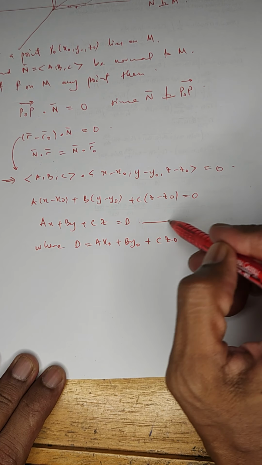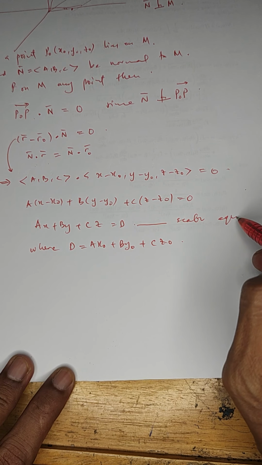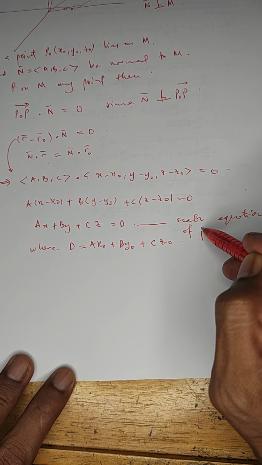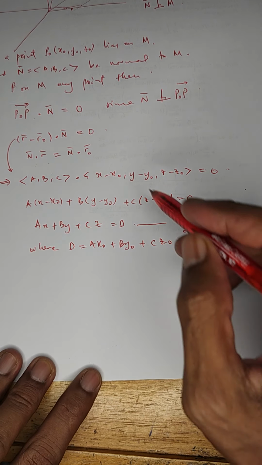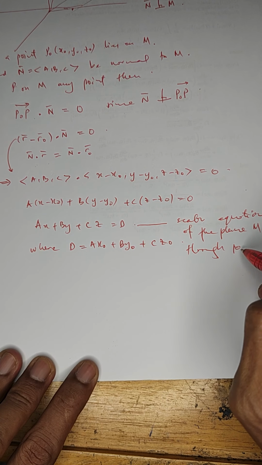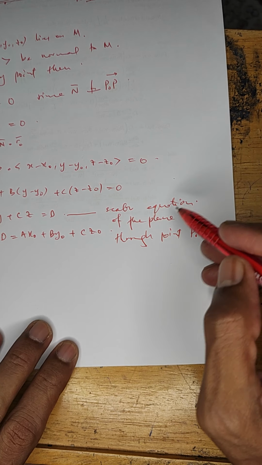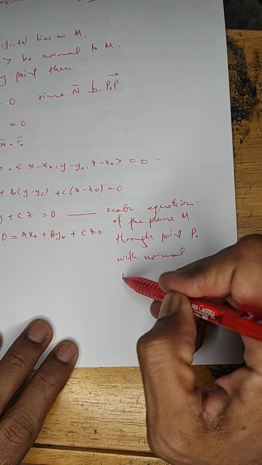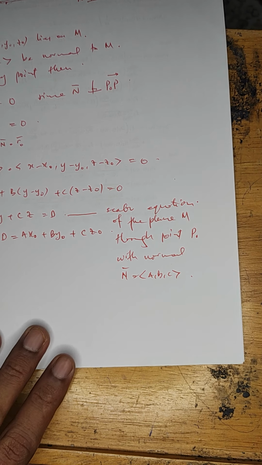So this gives us a scalar equation of the plane M through the point P0 and with normal n equal to a, b, c.